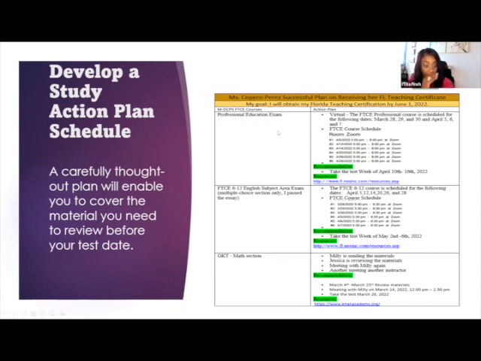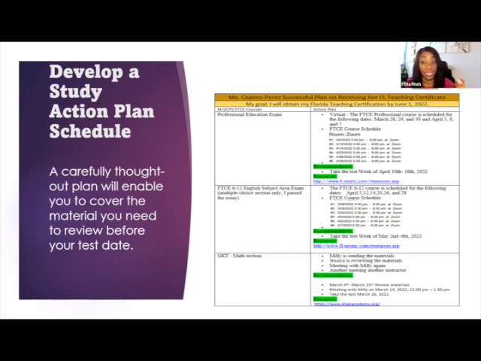And if we look here, for example, let's just use the professional education exam because that's the exam that everyone's going to have for their certification. So they broke it down here, 6 sessions from 5 to 8. Now, you may not have 3 hours to study for each session.